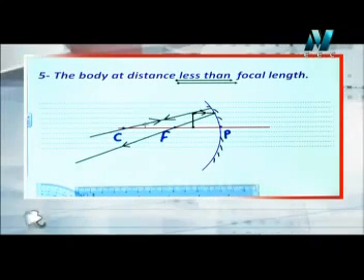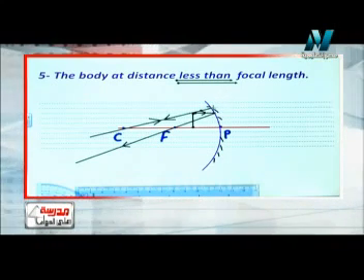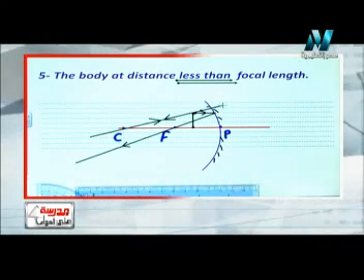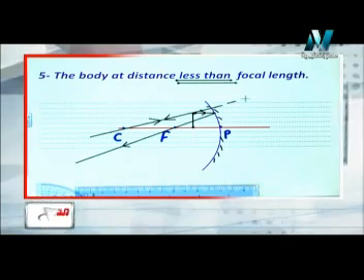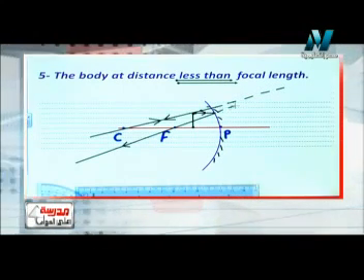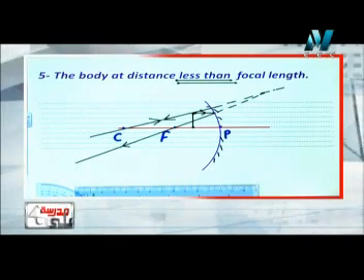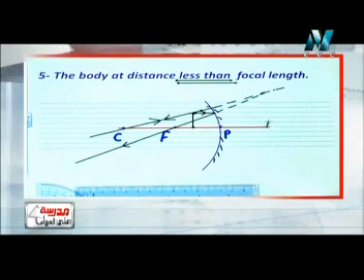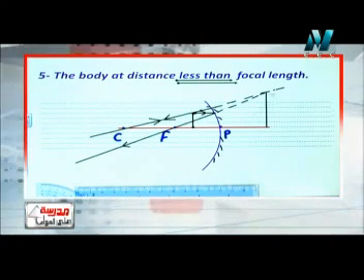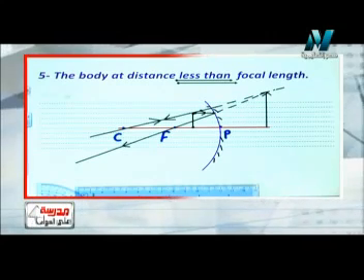So in this case only, we will take an extension by ruler. Extension by ruler, and here the extension like that. And at the point of intersection of the extensions, we draw the head, so the image is here. And the image, as you see, is number 1, erect.